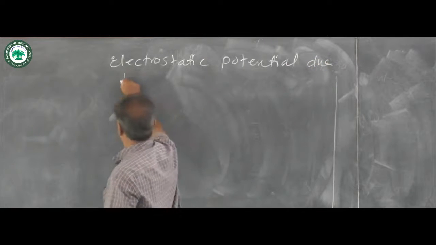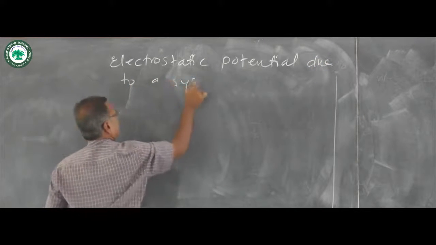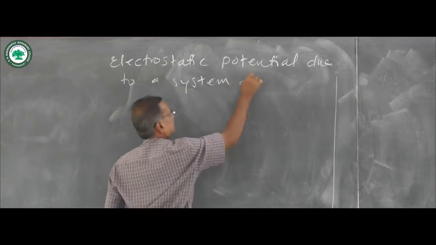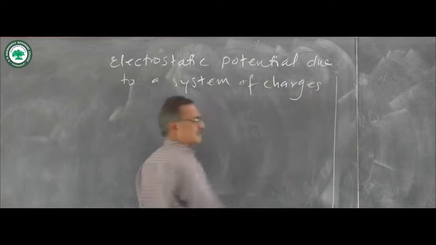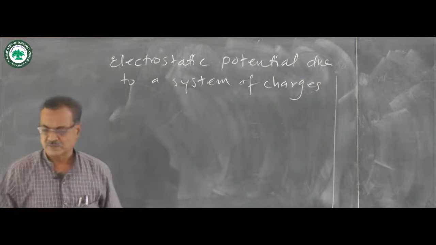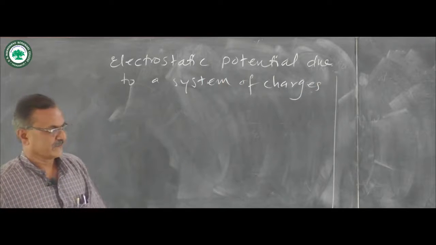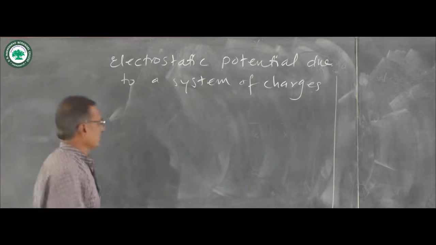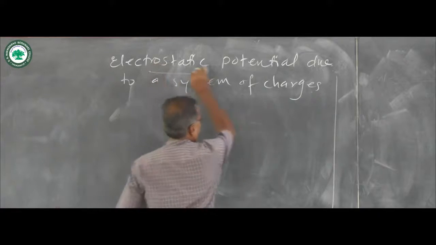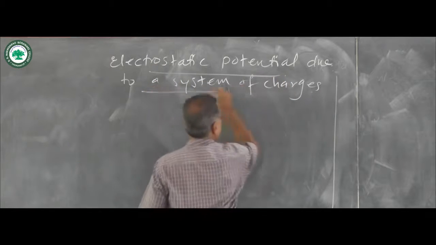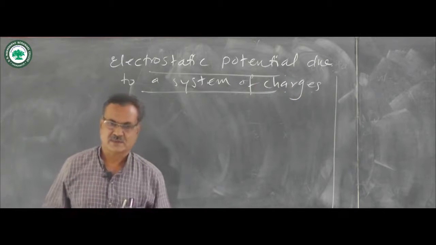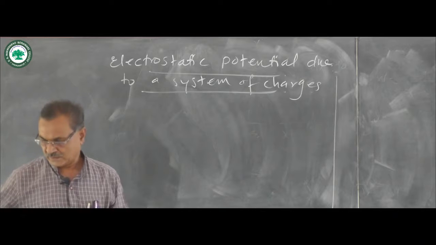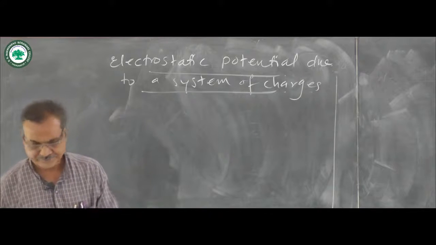Next, the electrostatic potential due to a system of charges. Suppose a system consists of a number of charges. In this case, how do we find the total electric potential?